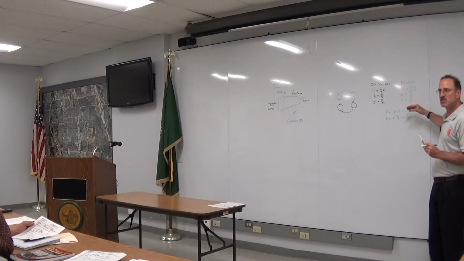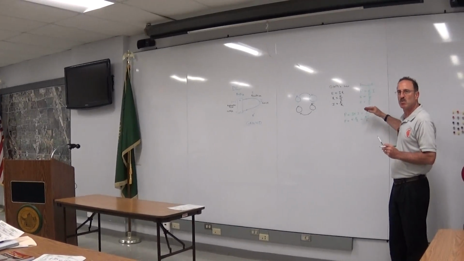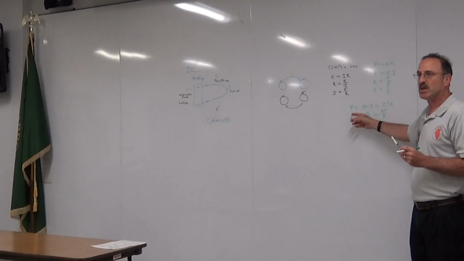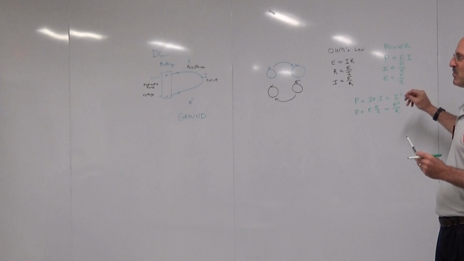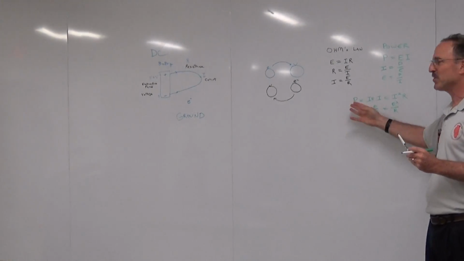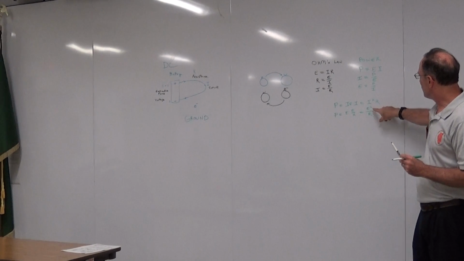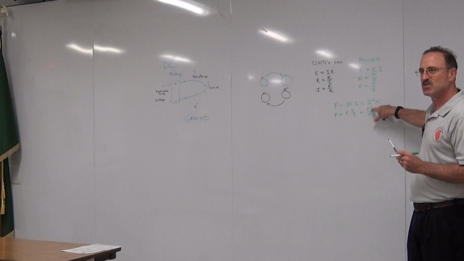The more resistance that you put in, keeping this the same, or if you halve the resistance, you double the power, if it's an inverse relationship. But there's a square relationship to voltage.